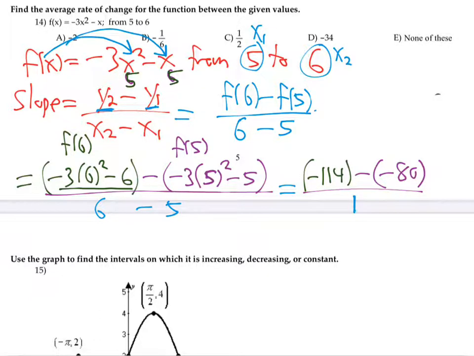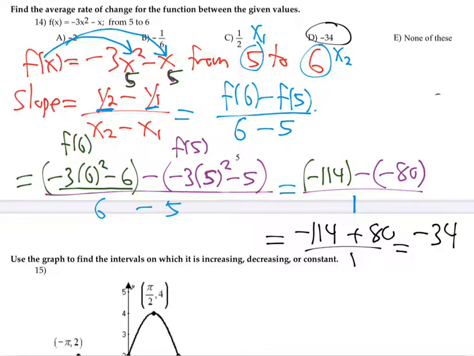And so what does that become? Well, it's minus 114. The double negative is positive. Remember that? Negative 34 divided by 1, but that doesn't do anything. There it is. Answer D, negative 34. So that's an important one to practice.